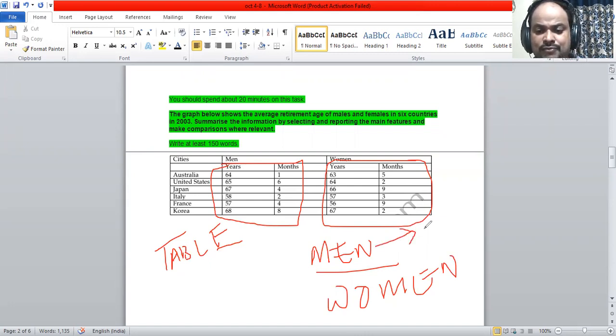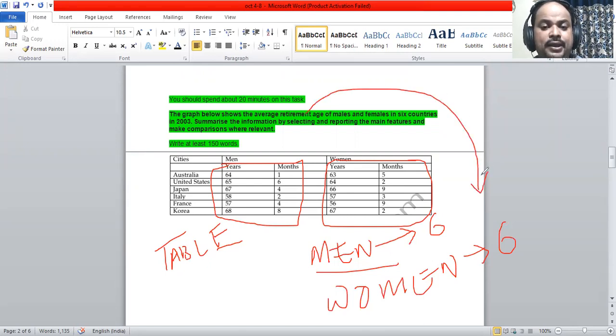Here you have to state the names of 6 countries, and here also you need to state the names of 6 countries. This is a problem. And the same thing, retirement age will also be repeated.